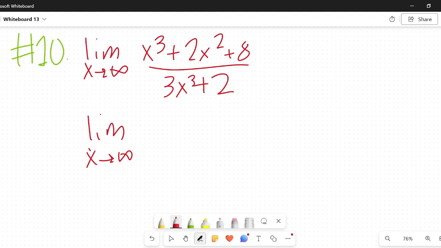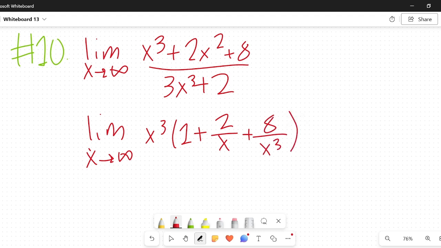If you have something like so, what we are essentially going to do is take the x cubed out, and this is going to leave us with 1 plus 2 divided by x plus 8 divided by x cubed, right?